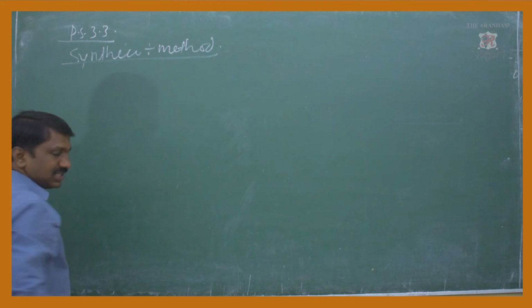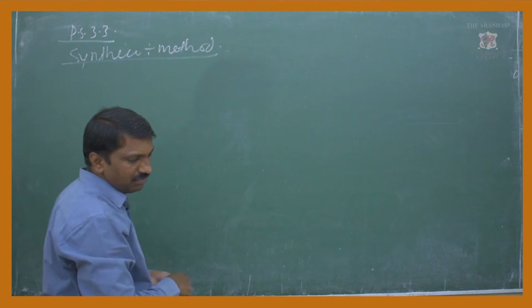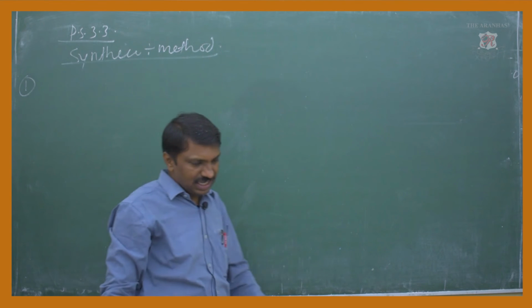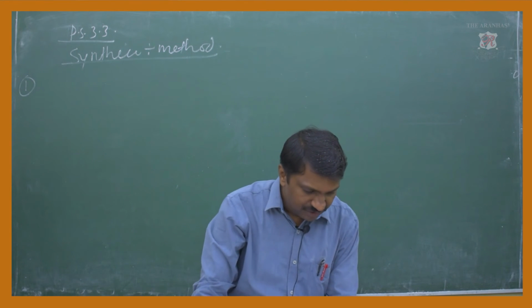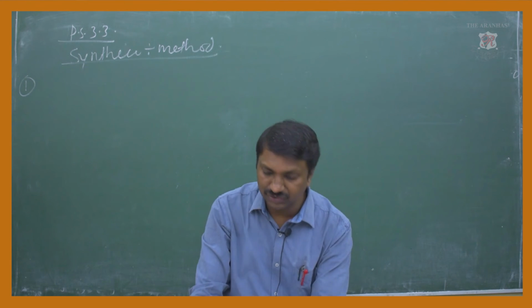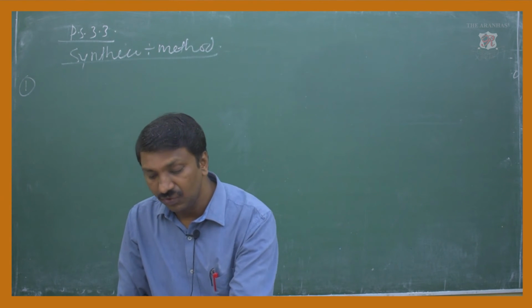So for it, practice 3.3, question number 1. From this exercise, question number 5 and question number 6 are cancelled. They are not in the syllabus because of the COVID reason.